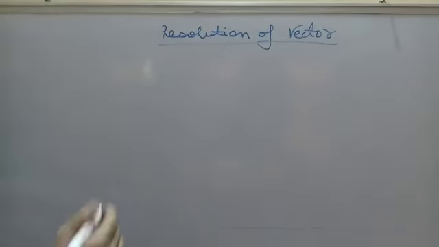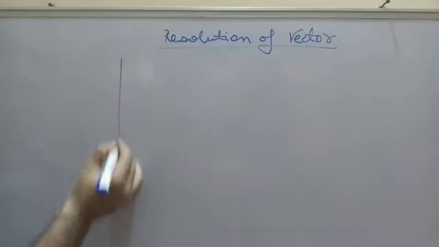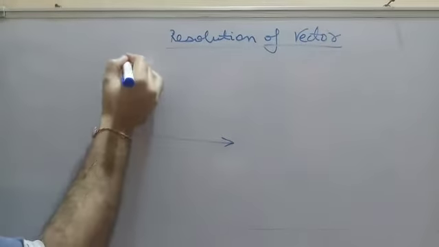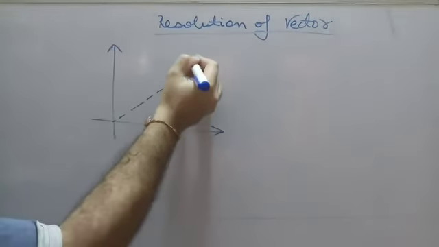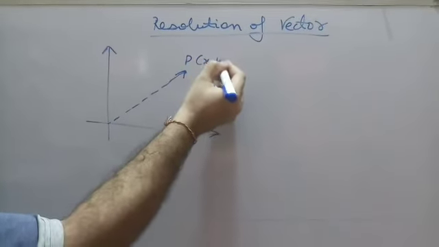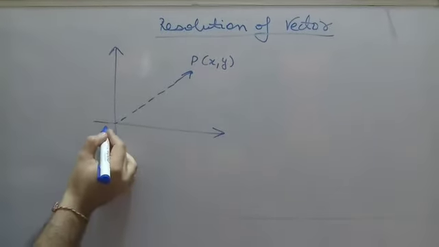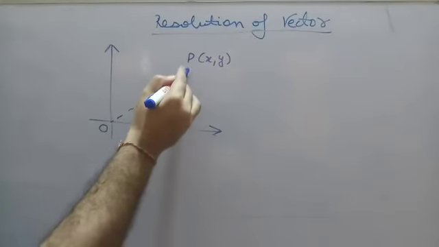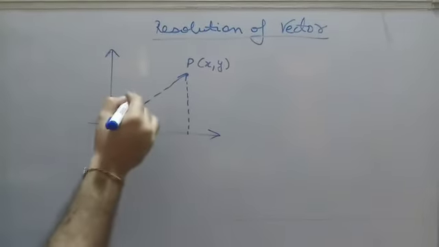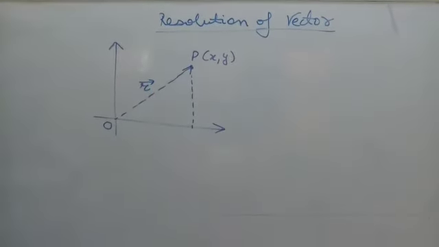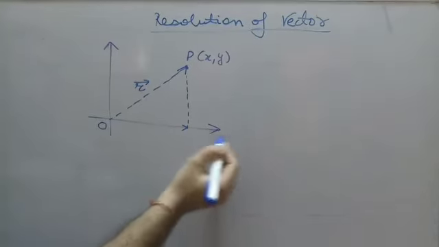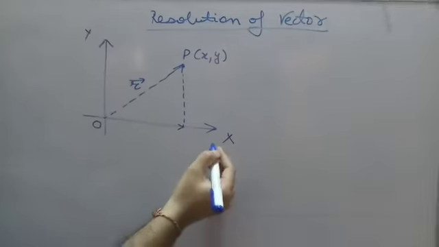Resolution of vector. Resolution means we have to find the components of a vector. Let's suppose here I have taken point P and the coordinates are x comma y, and this is the origin O, and this OP is called the position vector, because that represents the position of a point P. Now this is the x-axis and y-axis.